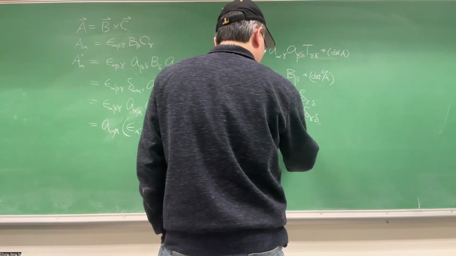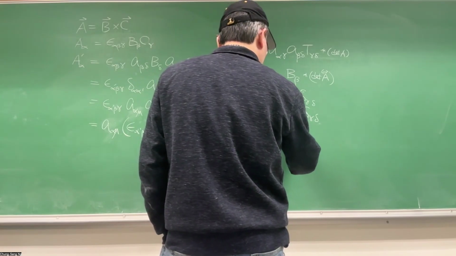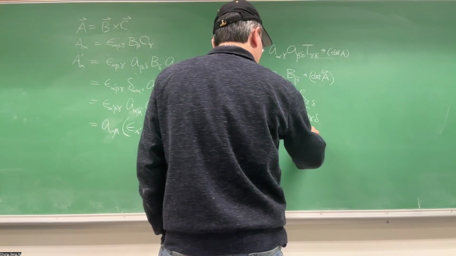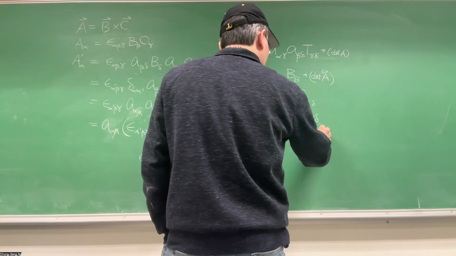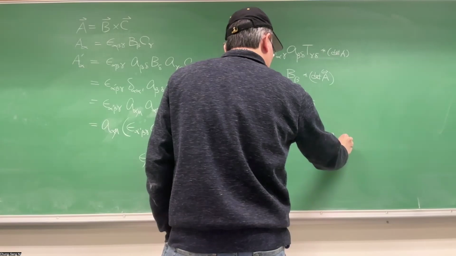That's basically sum over epsilon alpha beta gamma, and then following the correct ones, 1 alpha, 2 beta, 3 gamma.